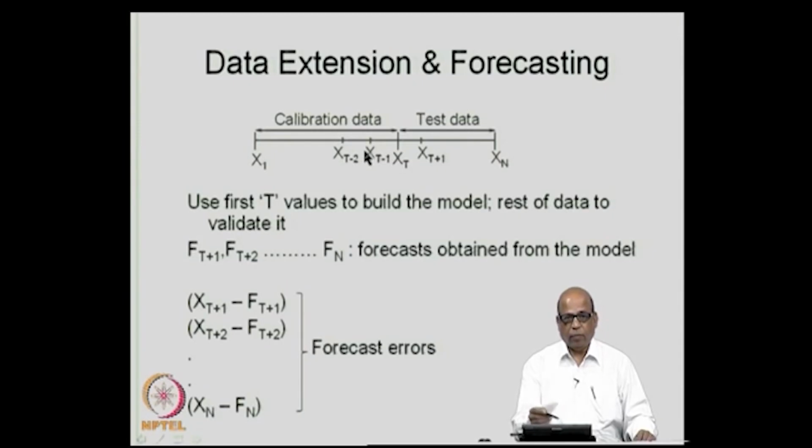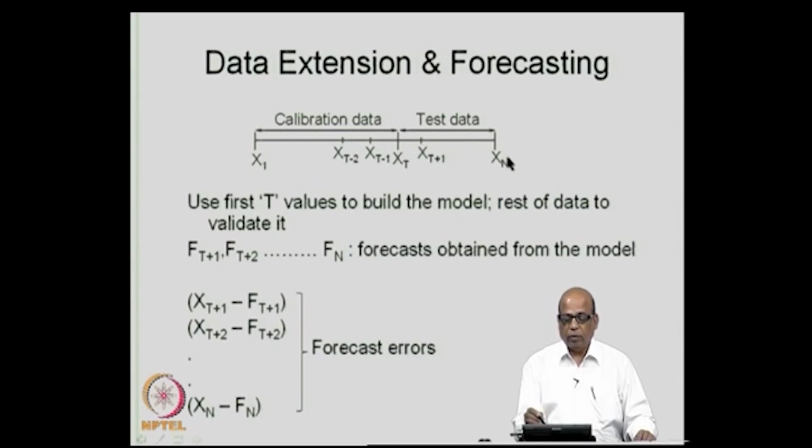This can be either 50%, 70% or 80% of the available data, and then we calibrate the model and test the model so calibrated on the remaining part of the data. Let us say you built a forecasting model using this data, you calibrated that model and use that model for the next part of the data.